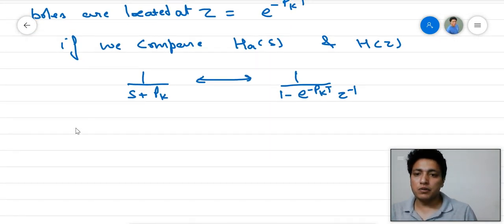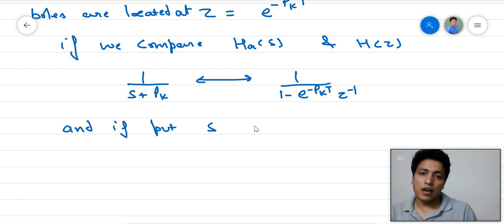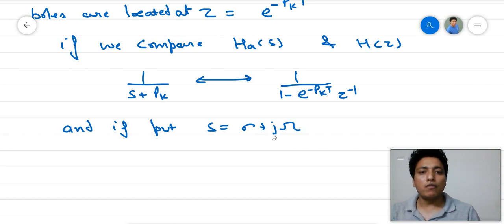And if we substitute s equal to sigma plus j omega, we first want to analyze at the imaginary axis, that is on j omega, because this axis will define whether the frequency response will exist or not.